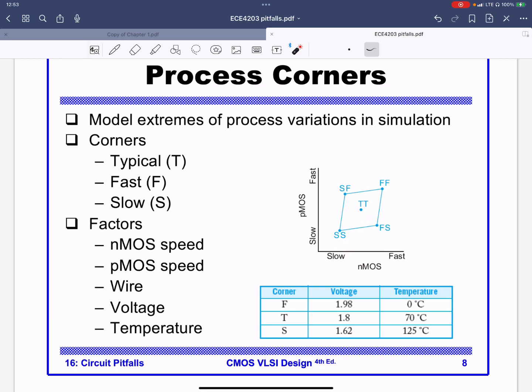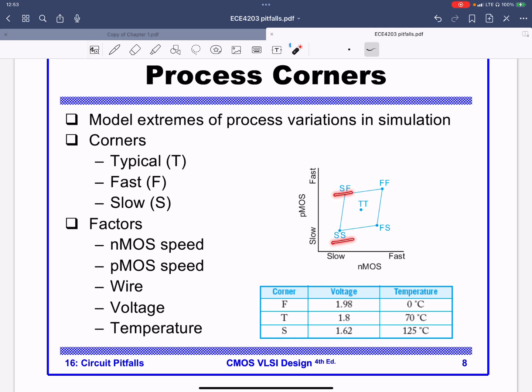The way it usually is, if you actually look at the distribution of the wafers where they fall in these values, the great majority are going to be around the typical, and as usual, there's probably a Gaussian distribution where typical is defined, and the slow and the fast, etc., are on the edges of that distribution. But basically, you have to simulate your circuit at all these points in the permitted variation of the process.